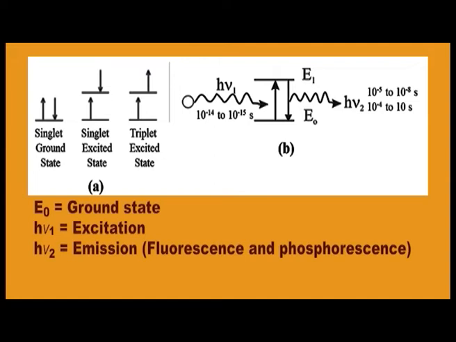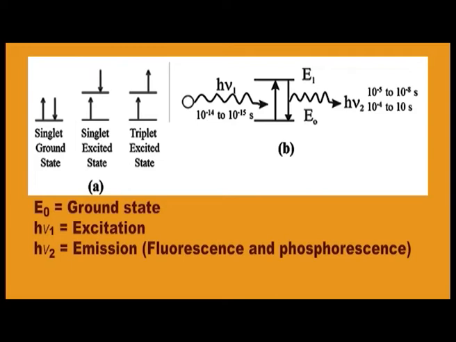After relaxation, the excited molecule releases the energy h nu 2. This is called the emitted light of fluorescence or phosphorescence. This you can see in the diagram shown here.